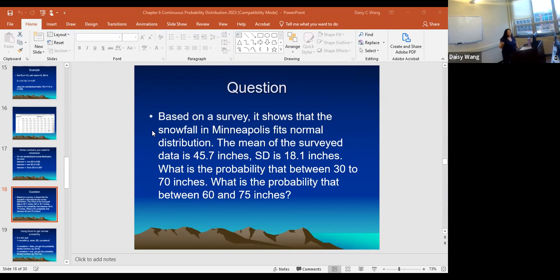So between 60 and 75 inches, there's only 16% chance. And there's a 71.74% chance the snowfall will be between 30 and 70 inches.